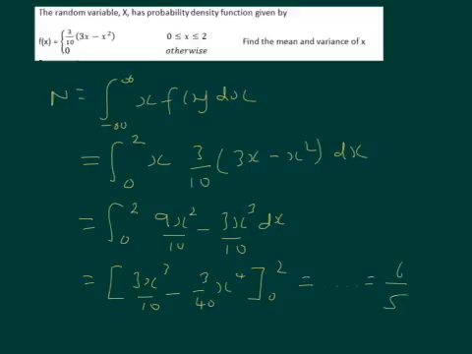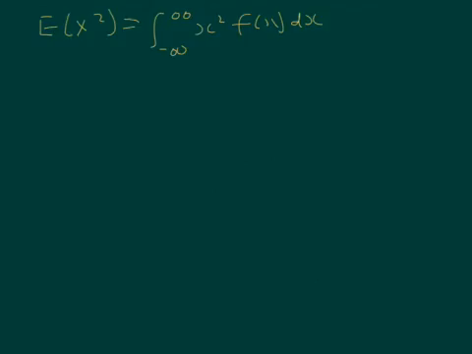So that's the mean. We need to do the variance. So firstly, let's work out the expected value of x squared, and then we can take away the mean squared later. So it's from 0 to 2, it's x squared, and f(x) is 3/10 (3x minus x squared).